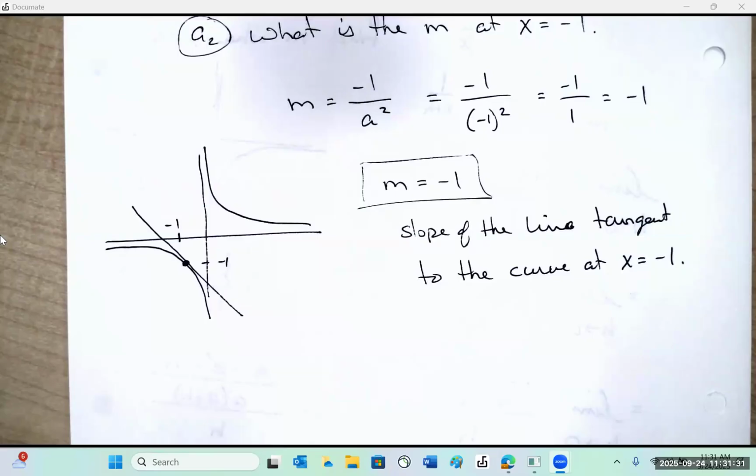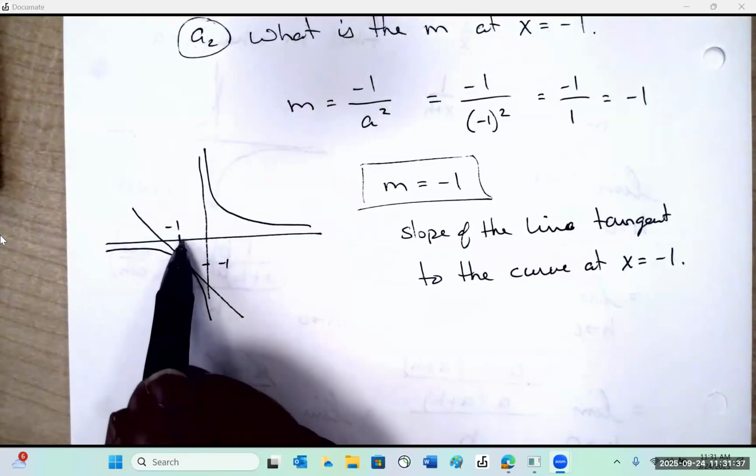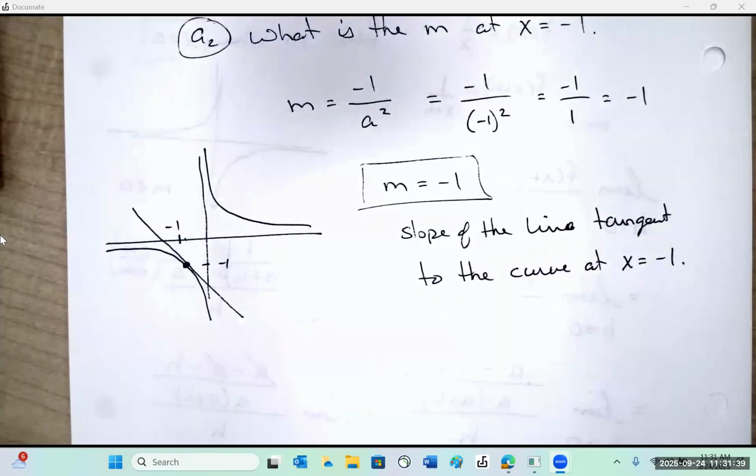But because this is a consistently decreasing function, what happens if it moves just a little bit to the right? What's the slope there? Is it still -1? Or does it increase?